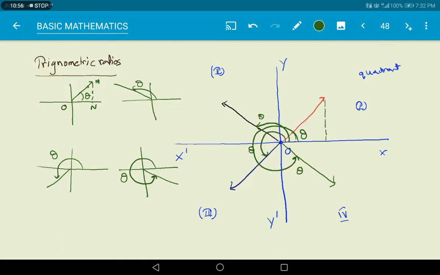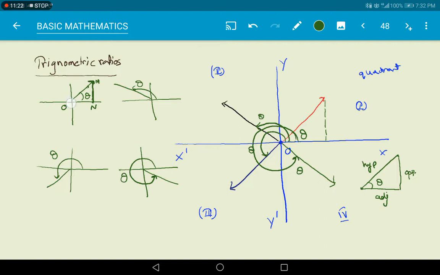So here we can get a right angle triangle, and we are going to write some ratios here. I think you know about a right angle triangle. In a right angle triangle, this is the opposite side, this is the hypotenuse, and this is the adjacent side.